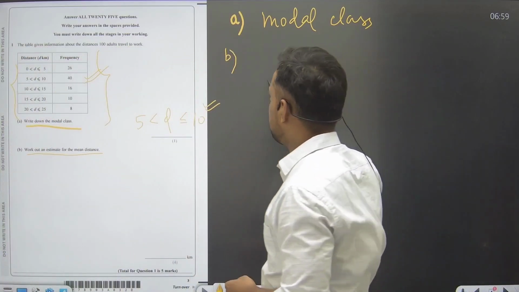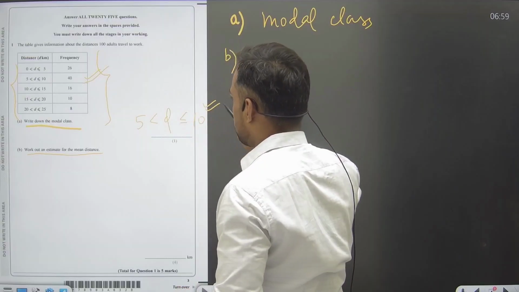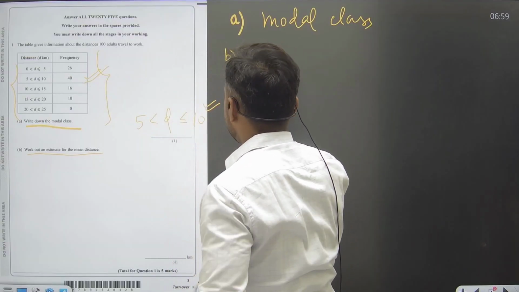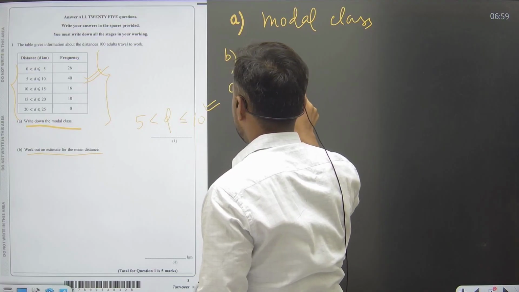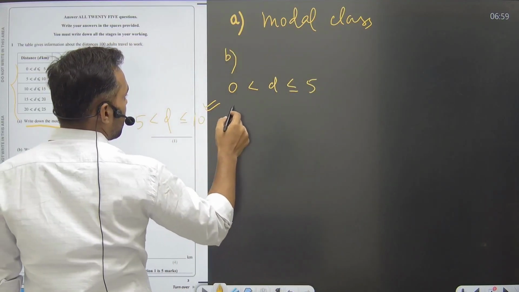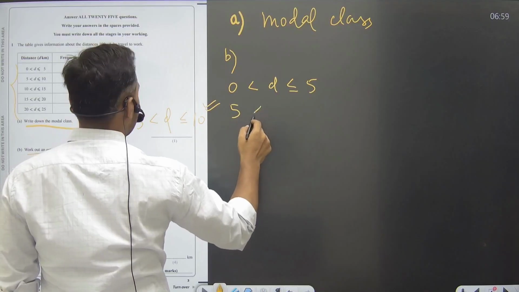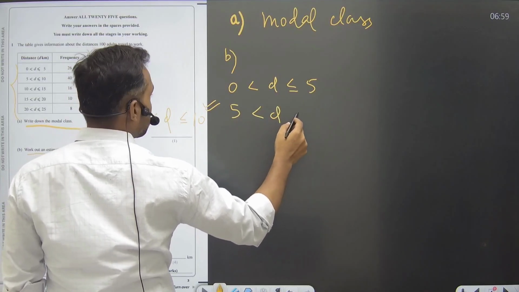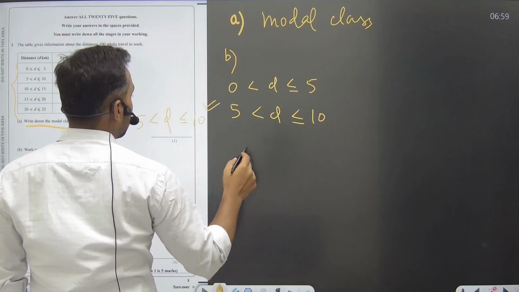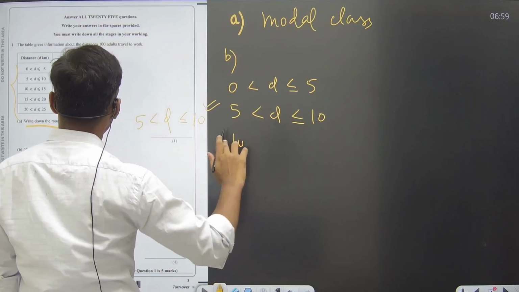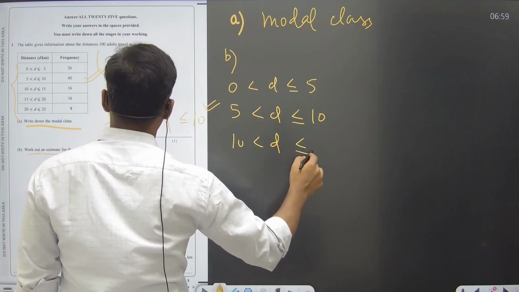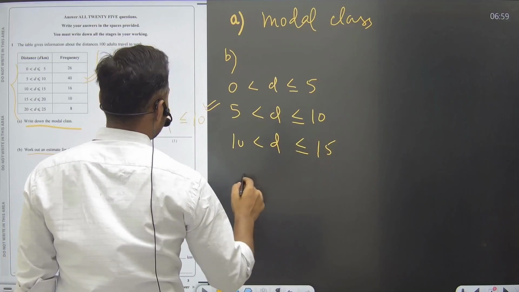For example, for 0 less than D less than or equal to 5, this is our distance data, and it is in the form of a range, students. So I will be finding their mid values, student.